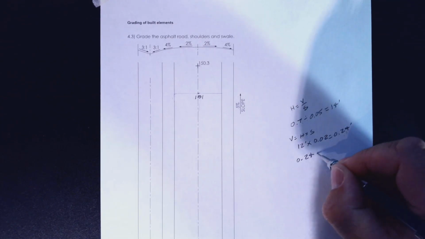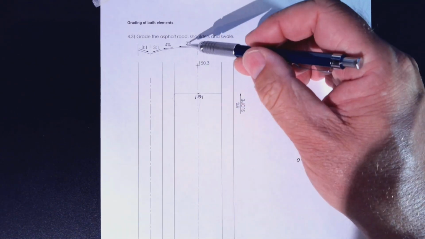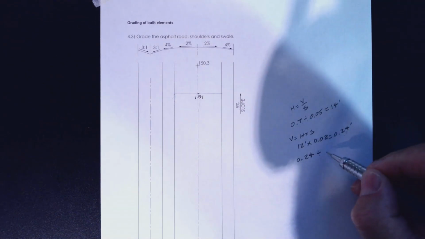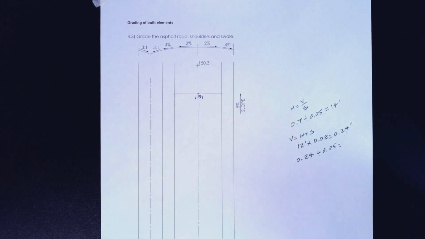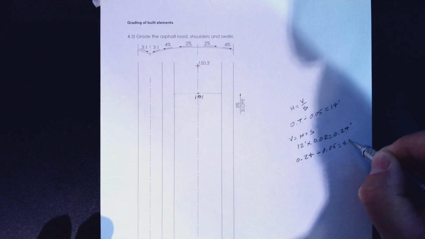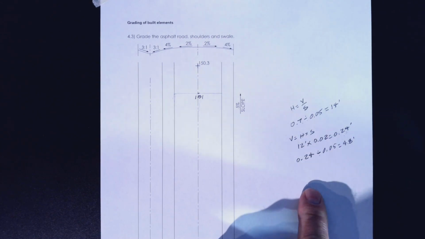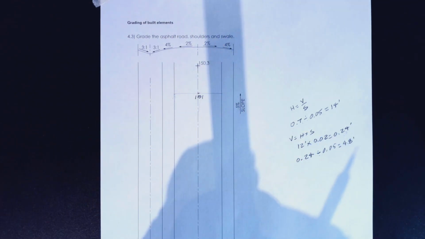The slope is 5%, not 2%, because now we're going this way. 0.24 divided by 0.05 equals 4.8 feet. Going to double check: 0.24 divided by 0.05 equals 4.8 feet.